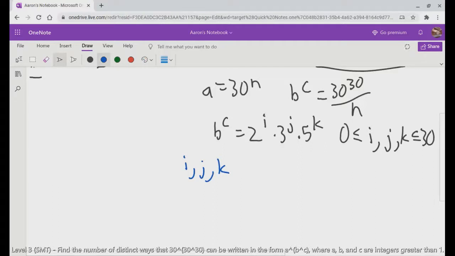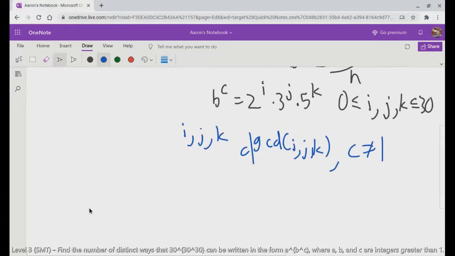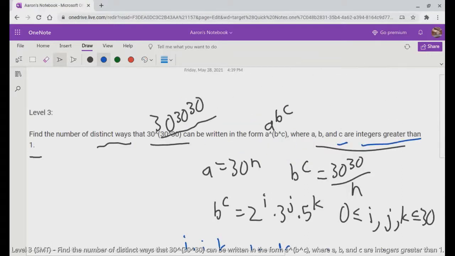The possible values of c are just when c divides the GCD of i, j, and k, with the additional restriction that c is not equal to 1. And that's because in the problem statement, it's greater than 1.